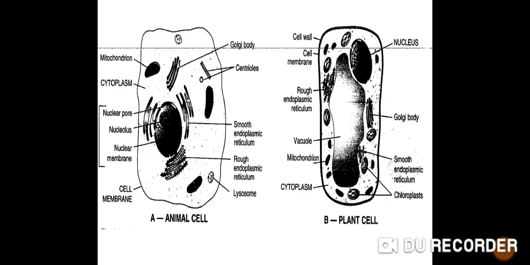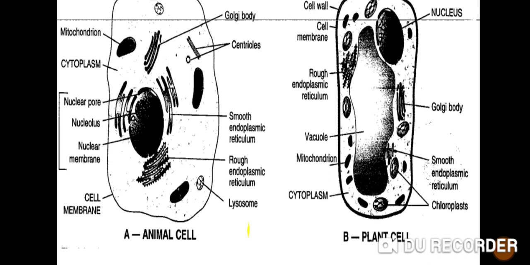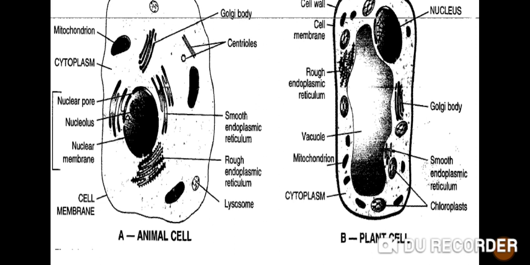If we look at the enlarged diagrams of an animal cell and a plant cell, we would find that in an animal cell the outer membrane is typically a bi-layered lipid membrane. It consists of two layers of lipids, fats, and this lipid membrane is interrupted by the presence of proteins.